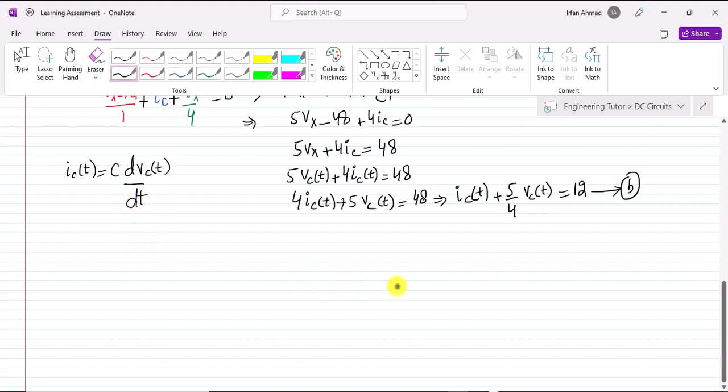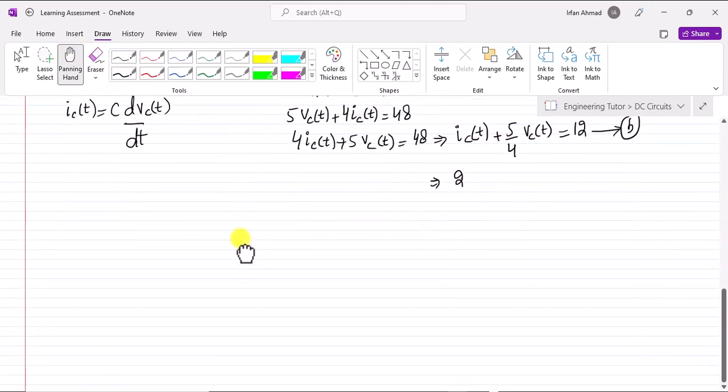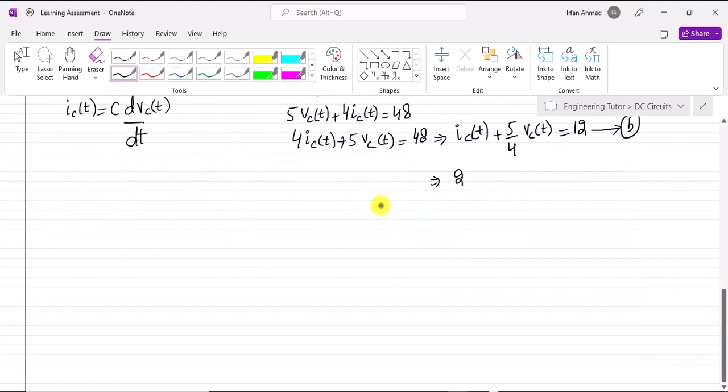Writing the value of C, it will be 2, because the capacitor here is of 2 farad. So here, 2 dVc(t) divided by dt plus 5 by 4 Vc(t) equal to 12.